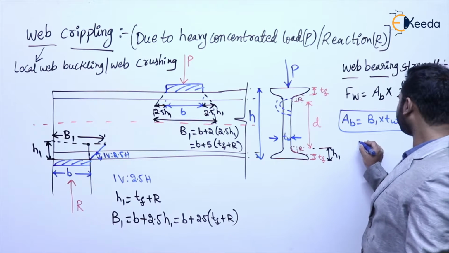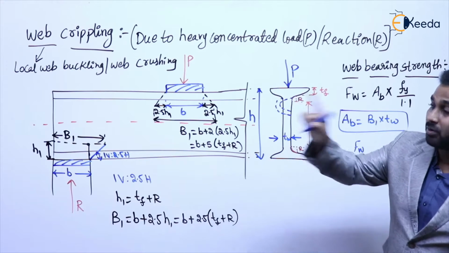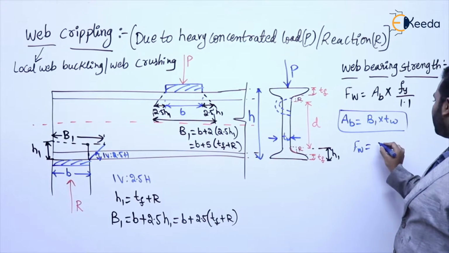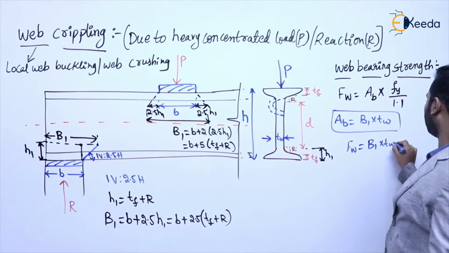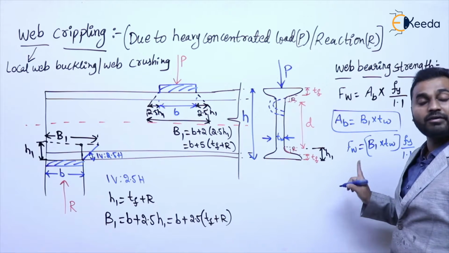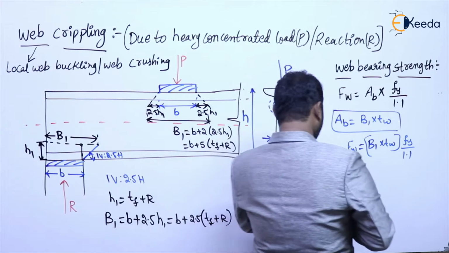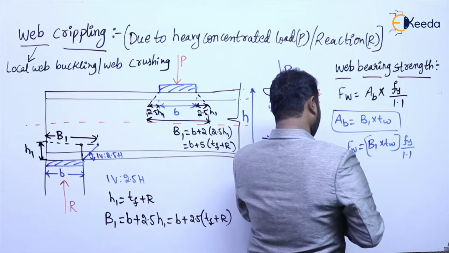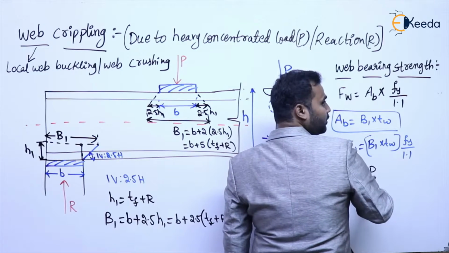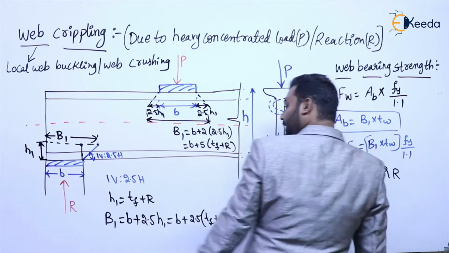Now finally, web bearing strength to prevent web crippling or web local buckling or web crushing. This FW is nothing but B1 into TW into Fy by 1.1, and to prevent web crippling or web local buckling or web crushing, this particular FW or web bearing strength should be greater than or equal to the heavy concentrated load if it is in the span, or the reaction if you are calculating at the support.